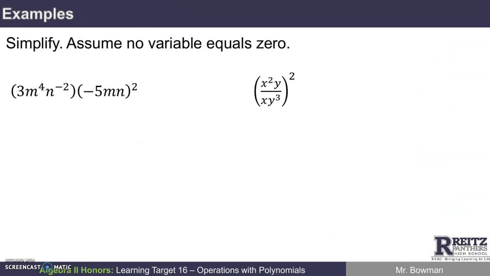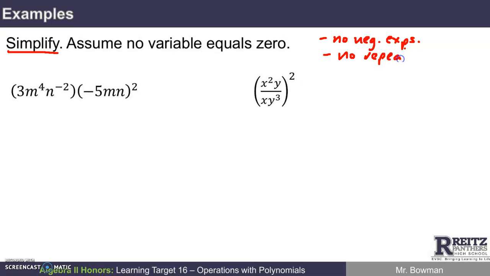Okay, let's take a look at a couple of examples where we're going to need to apply these. Simplify. It says assume no variable equals 0. Before we do, let's talk about what simplify means. Simplify means a variety of things. It means no negative exponents. It means no repeated bases.